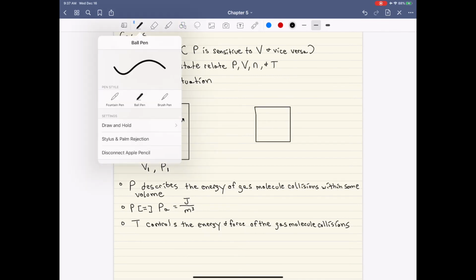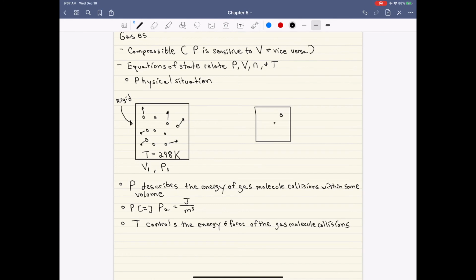So we have the same number of gas molecules, 1, 2, 3, 4, 5, 6, 7, 8, 9, 10. Okay? These gas molecules are still moving around all over the place. Okay? We're going to keep the temperature of the system constant. We're still going to say it's 298 K. But now the volume of the system, V2, is smaller than V1.